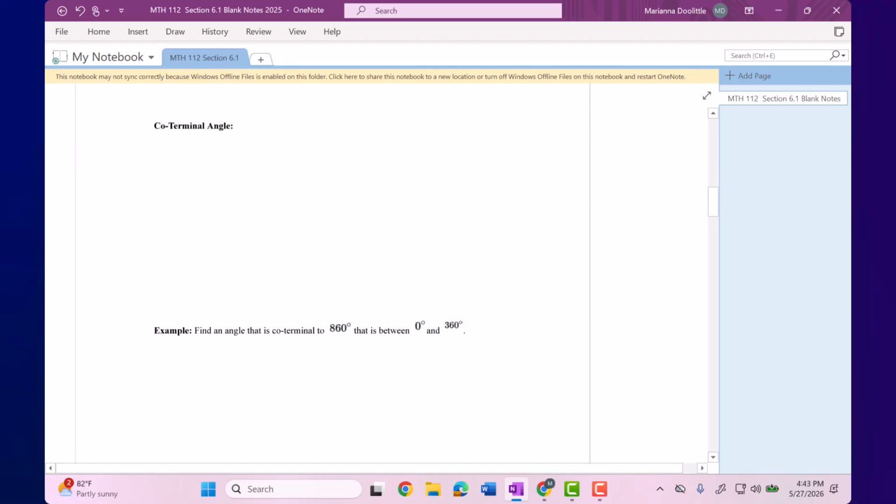So now let's look at another type of angle, and this is called a coterminal angle. You can have more than one coterminal angle, and these are angles that have the same initial and terminal sides when you do that rotation of that ray.